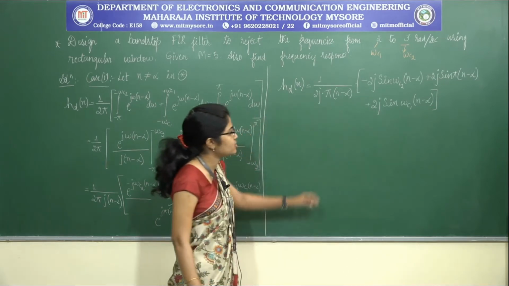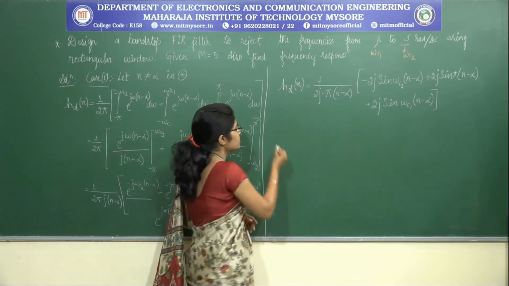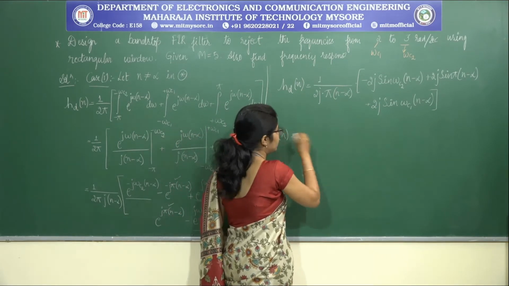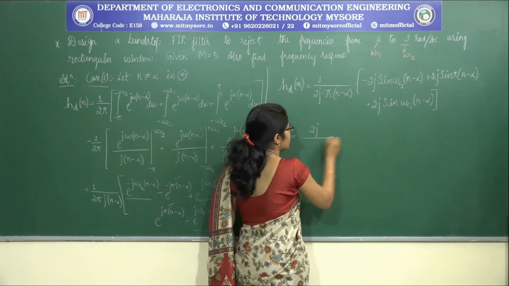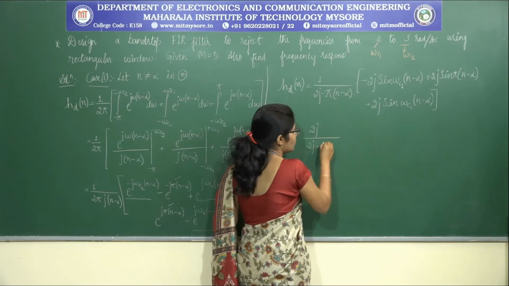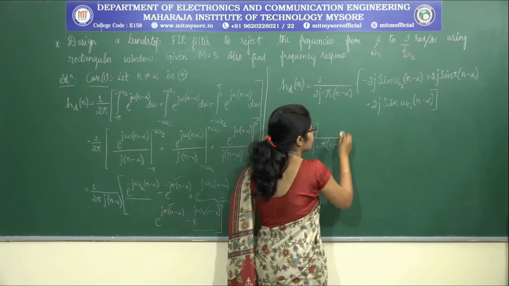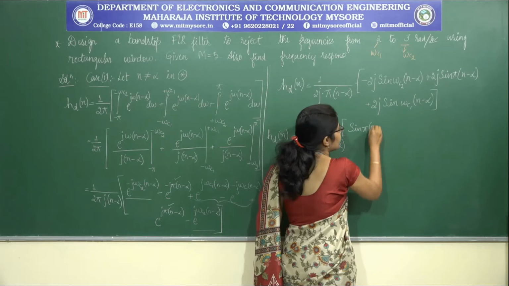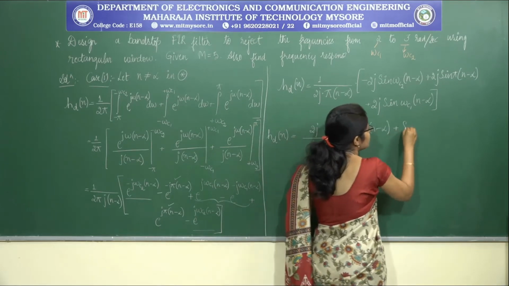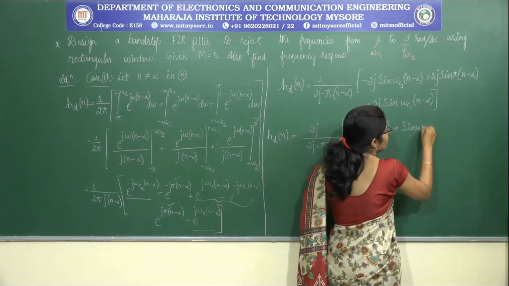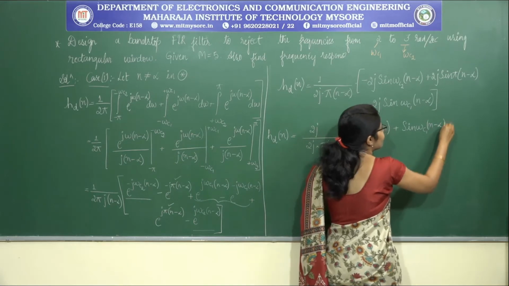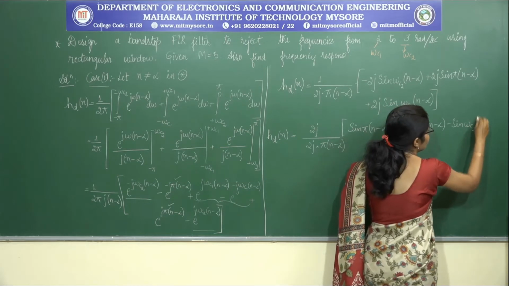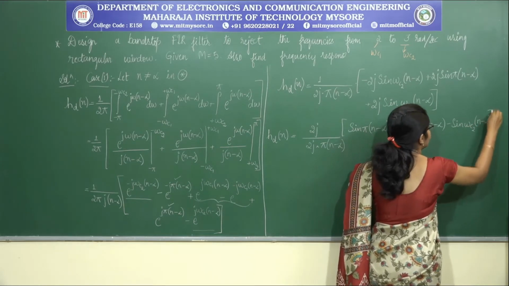Okay. Now let us take 2j as common factor. So if we take 2j as common factor, hd of n will be equal to 2j divided by 2j into pi into n minus alpha into sin pi n minus alpha plus sin omega c1 n minus alpha minus sin omega c2 n minus alpha.